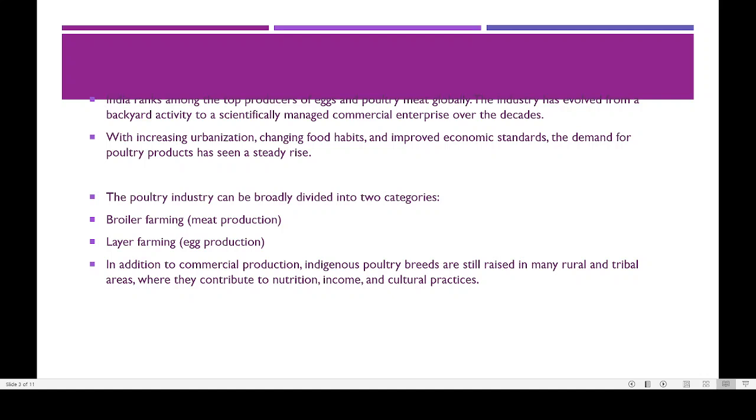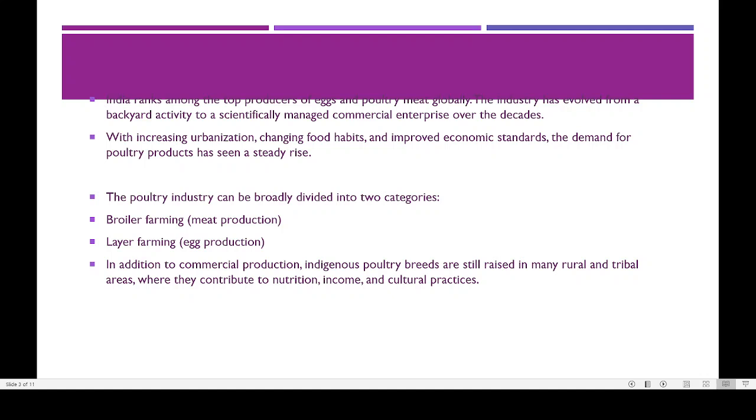Recently, in many Western countries like Australia, Europe, as well as America, you might have heard that there is a shortage of eggs. If you go to a supermarket, they will not allow you to purchase too many eggs because there is a shortage. But in India, we do not have that kind of problem.